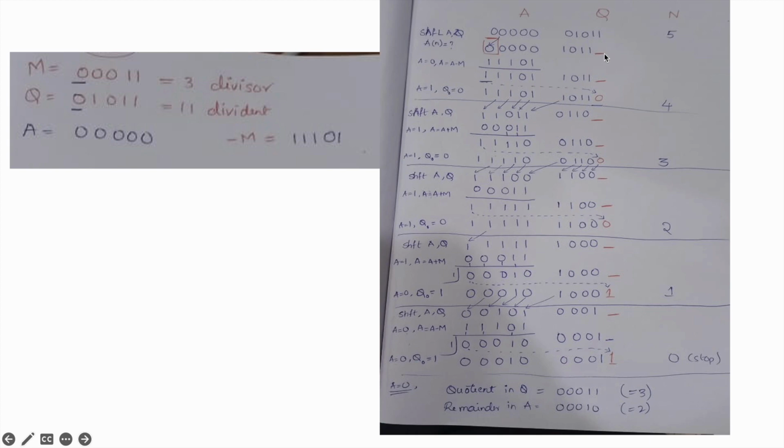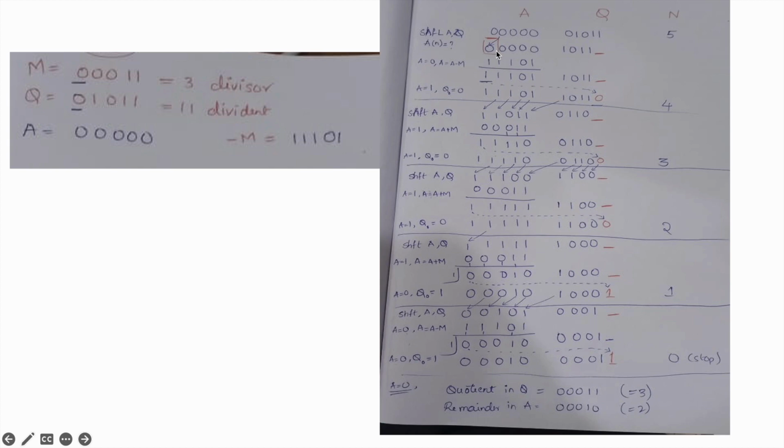We don't know the Q0 value yet. Now check the sign of A. If it is 0, we have to subtract M from A. So A minus M is 1 1 1 0 1, since subtraction of M means adding A with the minus M value.